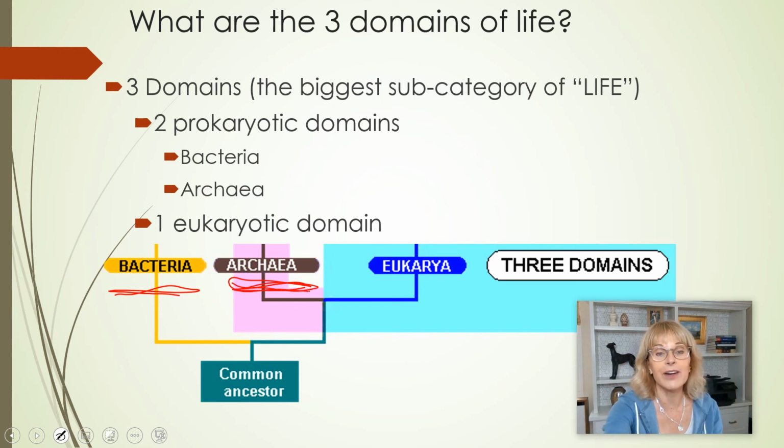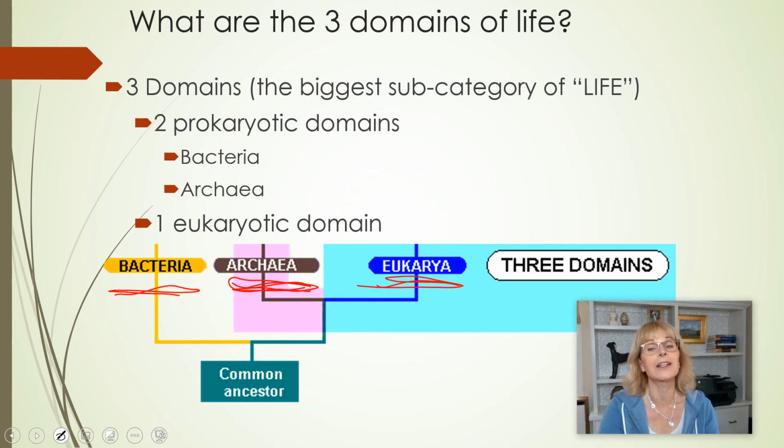And the language that the archaea speak is very much like the language that the eukaryotes speak. So these guys, the archaea, look just like bacteria. We're more closely related to them than they are to these guys. Yeah, I said that right.